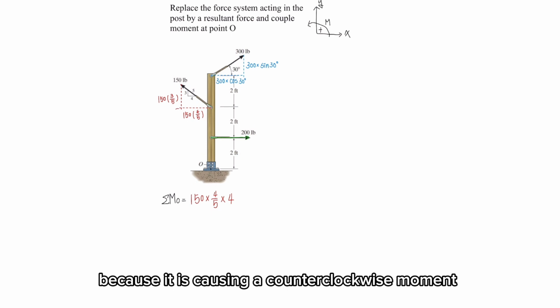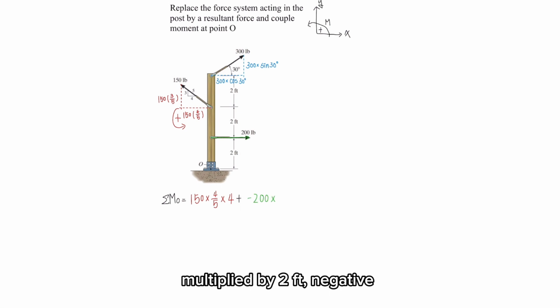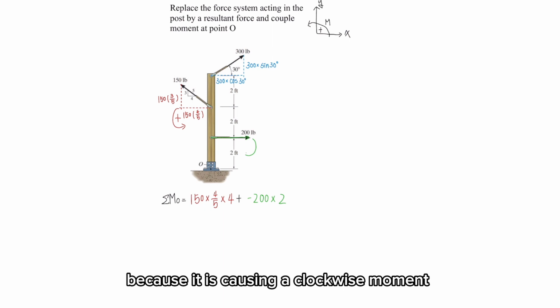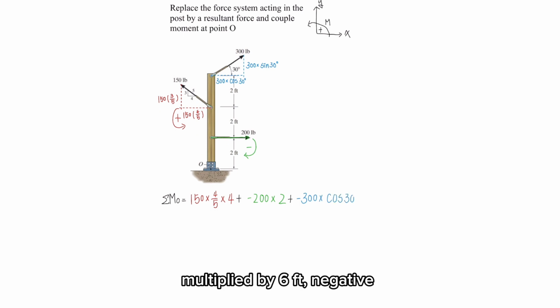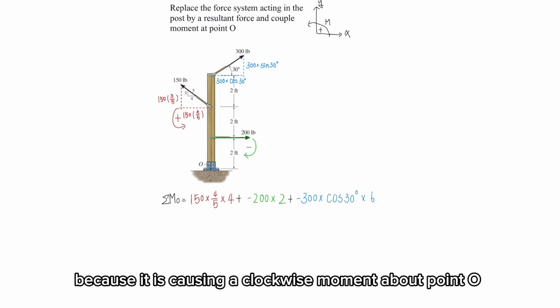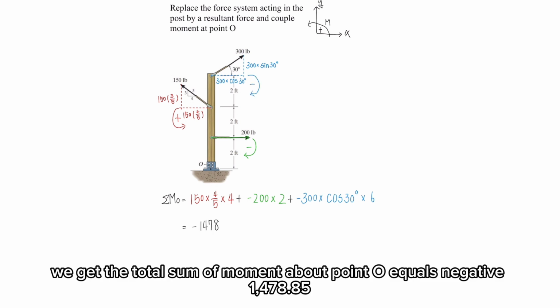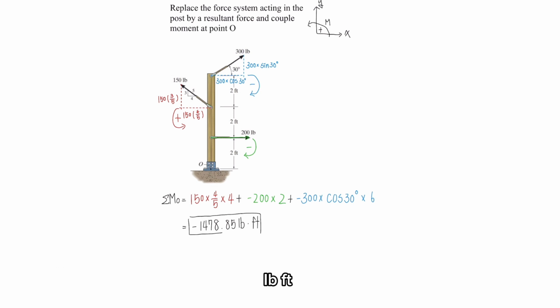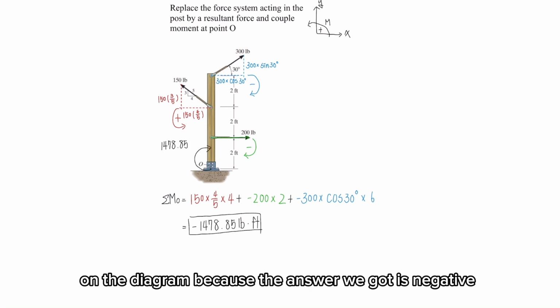Positive, because it is causing a counterclockwise moment about point O, plus negative 200 pounds multiplied by 2 feet, negative, because it is causing a clockwise moment about point O, plus negative 300 pounds multiplied by cosine 30 degrees multiplied by 6 feet, negative, because it is causing a clockwise moment about point O. We get the total sum of moments about point O equals negative 1,478.85 pounds-feet.